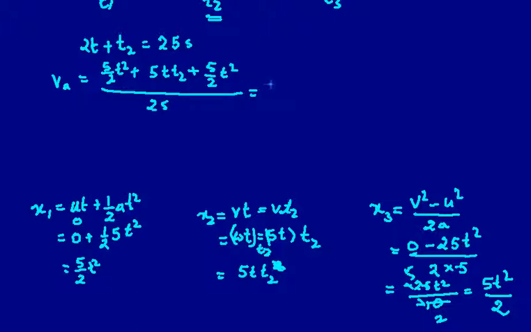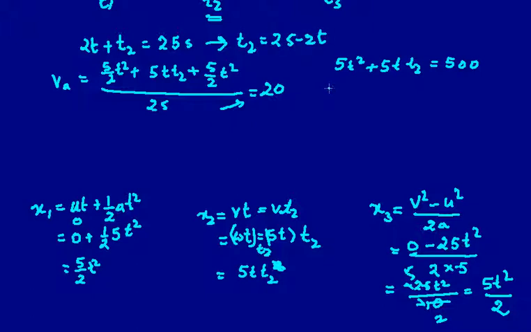So we found out that the average velocity is 20 meters per second. Substituting the values and doing a cross multiplication in this case, we get 5 by 2 plus 5 by 2 is 10 by 2, which is 5t square plus 5t t2 equal to 500. So we know that 2t plus t2 is equal to 25 seconds. Substituting the value of t2, this can be rewritten as t2 equal to 25 minus 2t.